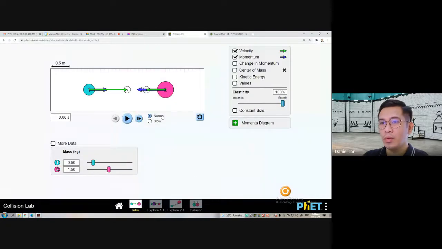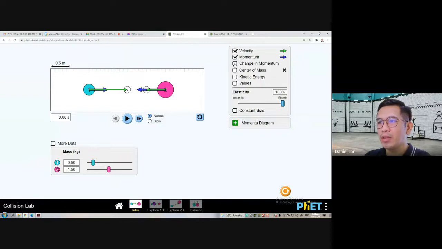If you click the momentum, it will show the blue arrow showing the momentum of the two objects. As you can see, object 2 has the bigger momentum. Although they are not moving yet, because we have not clicked play, knowing that momentum is affected by both mass and velocity, we can compare that object 2 has more mass. That's why it has more momentum.